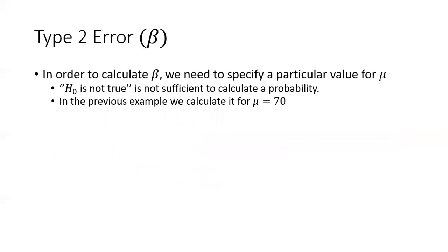So, as you see, in order to calculate beta, which is the type 2 error, we need to specify a particular value for mu. In this particular example, we just take this as 70. Because if you want to calculate this probability, the probability of not rejecting H0, given that H0 is not true, right?